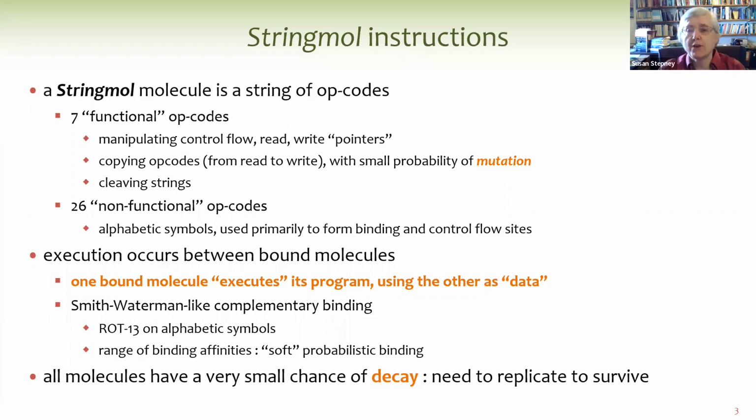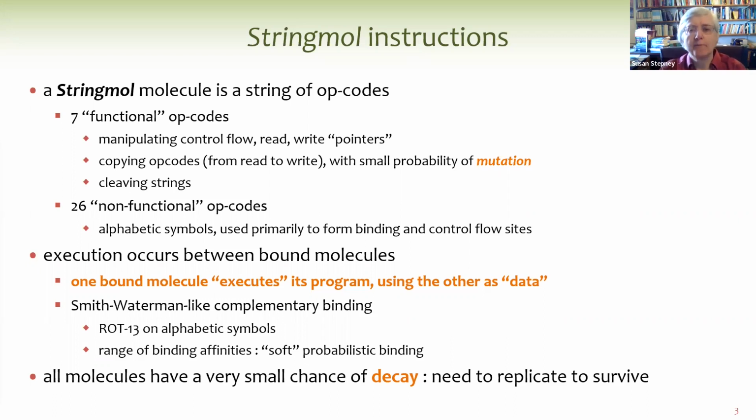There are 7 functional opcodes which manipulate pointers, copy from strings, read from strings, and chop strings up. The one thing that makes it useful for evolutionary experiments is that the copy opcode has a very small probability of mutation on copy. It will copy a character, and with a small probability put the wrong character in place, or chop a character out or put an extra one in. That's the mutation property.